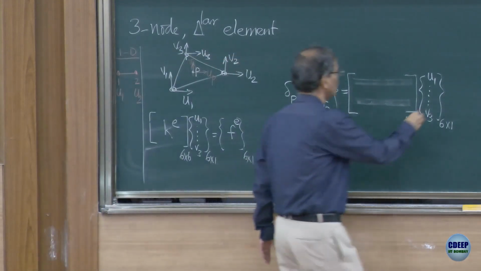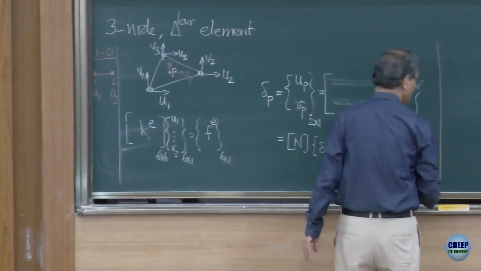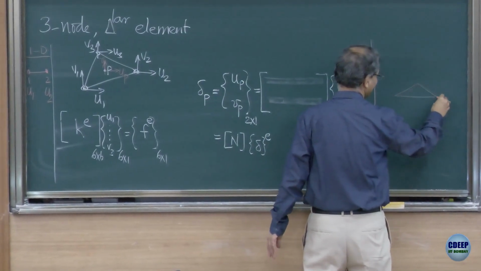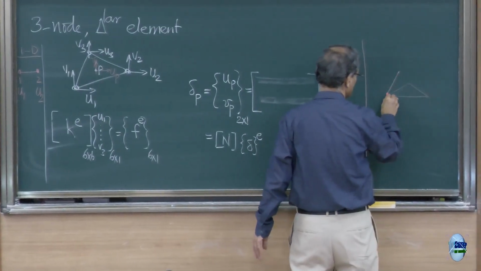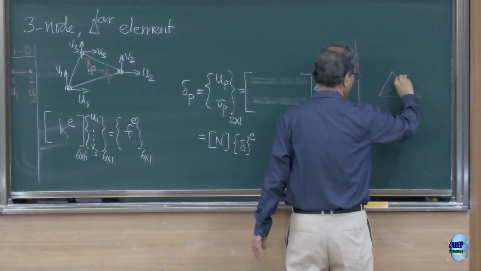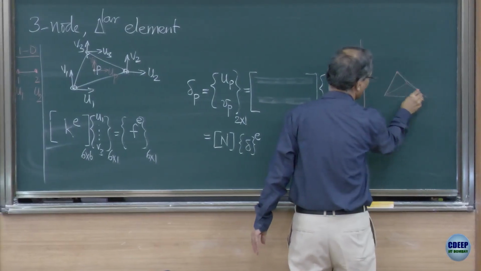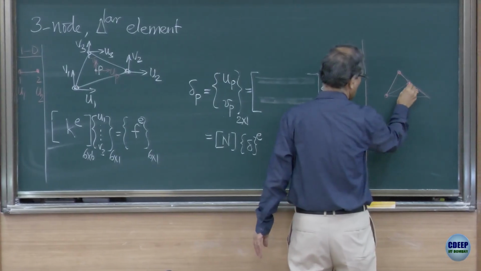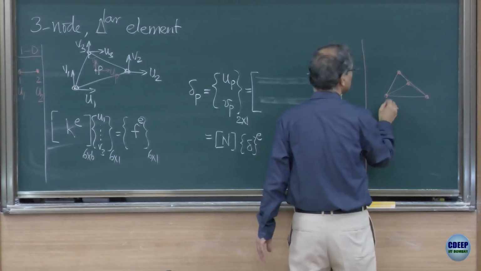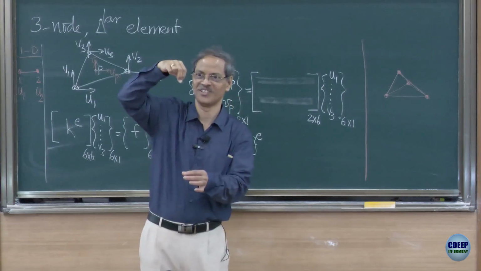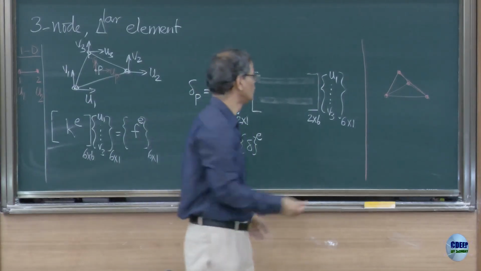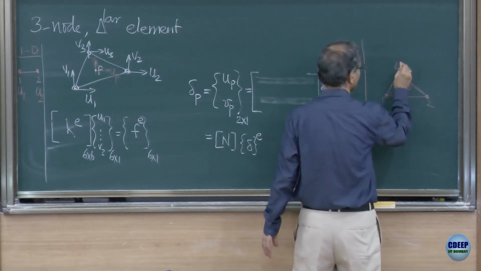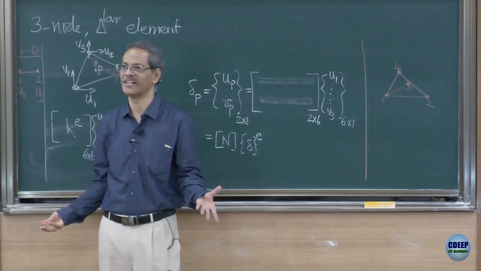The 3D analogy of this will be, let me try to sketch. Okay. So, it is a tetrahedron. Okay. It is a tetrahedron. It will be, numbers will be maybe 1, 2, 3 and 4 here. That is a 3-dimensional analogy of this.